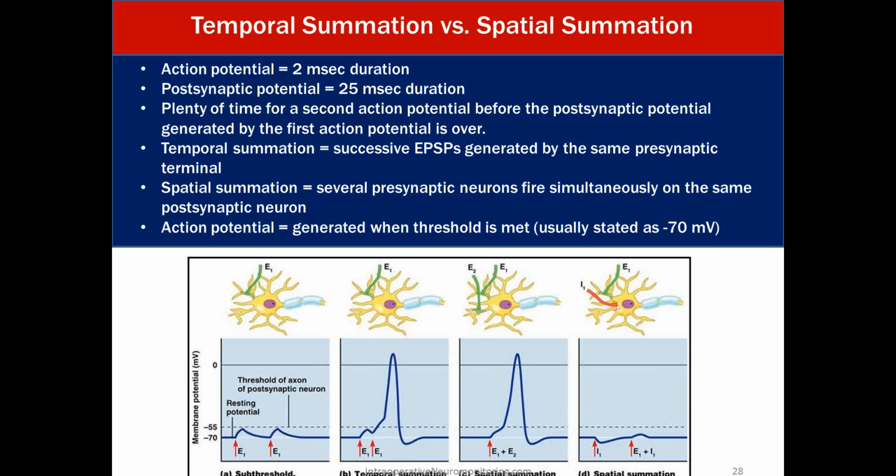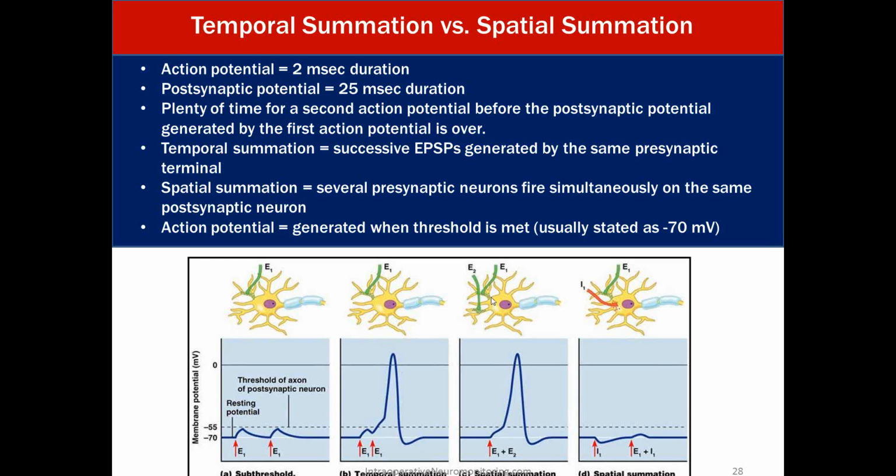It's subthreshold, so no summation. Here we have this same one again, but it's now fired twice, at closer approximate times. So now this second depolarization is additive to the first, and we have the first little hump, and before it can get all the way down, we have another hump, and it reaches threshold, and we have an action potential.